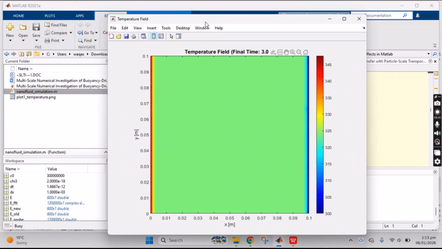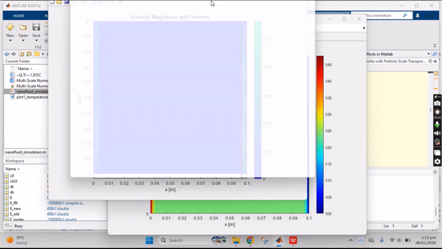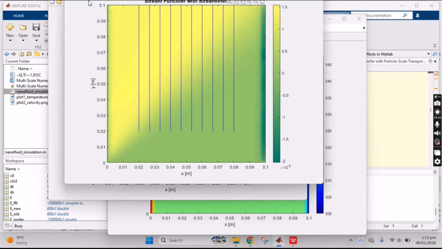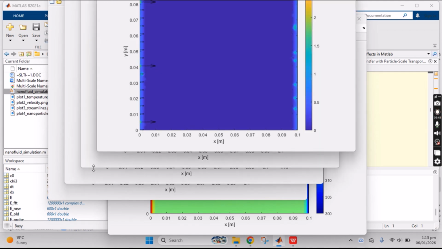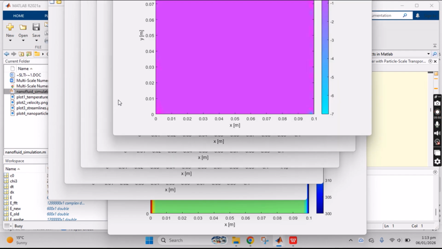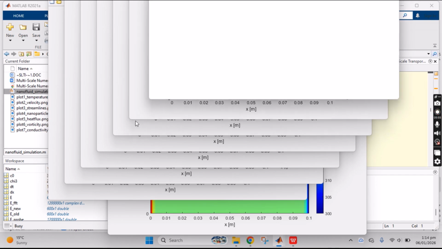See, temperature field, final time accordingly 3, velocity magnitude with vectors, stream function with streamline, and output results accordingly. Okay.